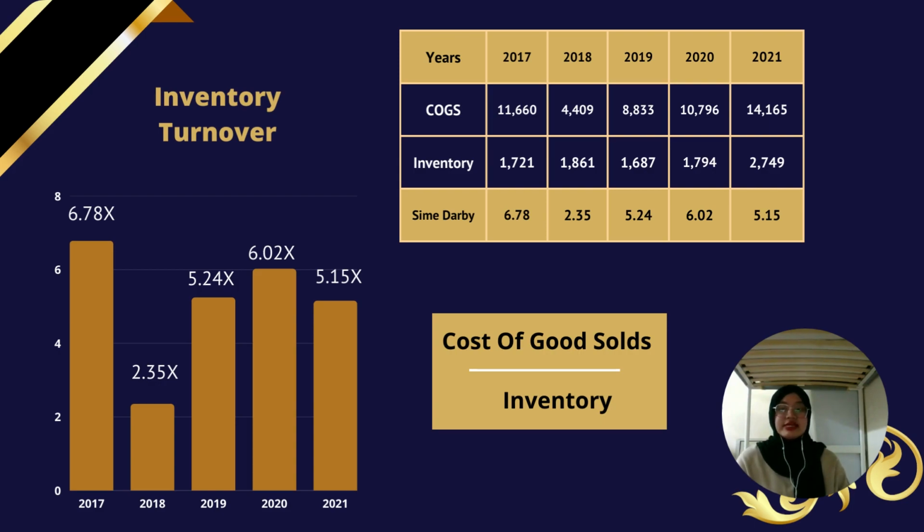An analysis of 2018 shows that despite 2018 having the lowest COGS value of RM 4409 million against an average of RM 9972.6 million for 2017, 18, 19, 20, and 21, 2018 had the second highest inventory value of RM 1861 million after 2021, which amounted to RM 2749 million, as compared to the 3-year 2020, 19 and 17 average of RM 1734 million.